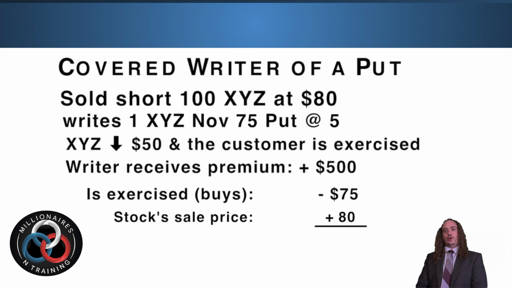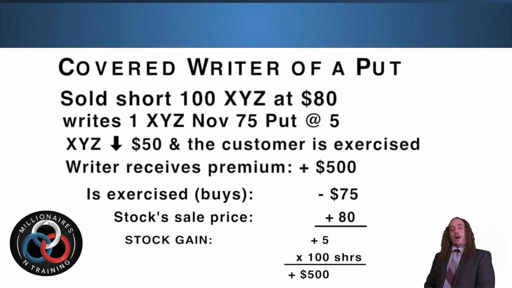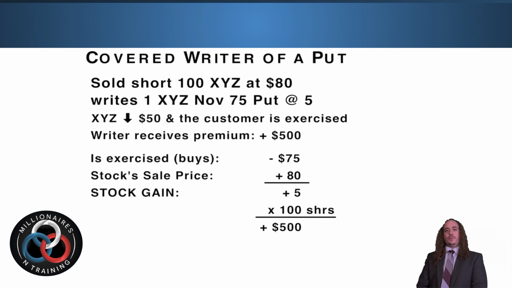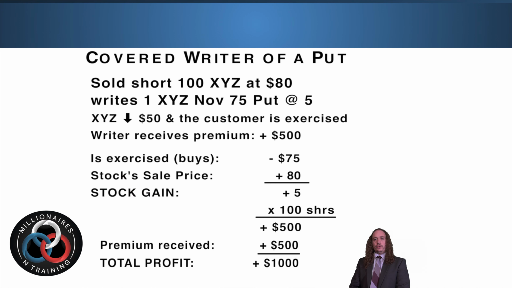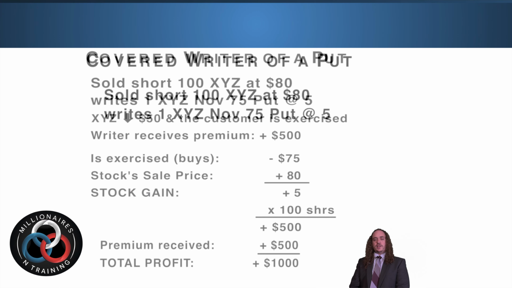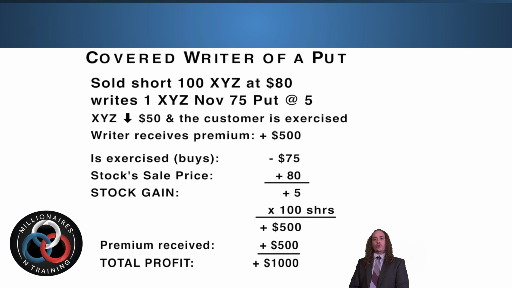Well, because the customer has already sold short the stock at 80 and now is buying it back for a profit of $5 per share times 100 shares. So remember that the customer received the premium when he or she wrote the put. That was $5 per share times 100 shares equals $500. So the customer receives premiums of $500 and on the stock transaction makes a profit of $500 for a total gain of $1,000 on this transaction.